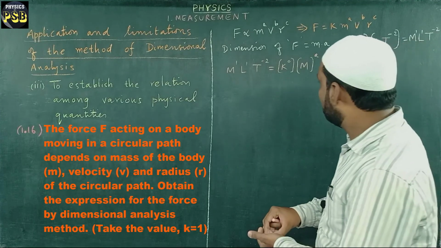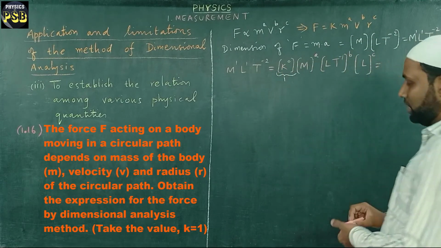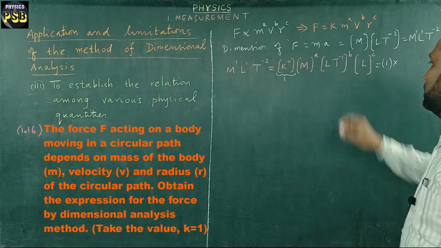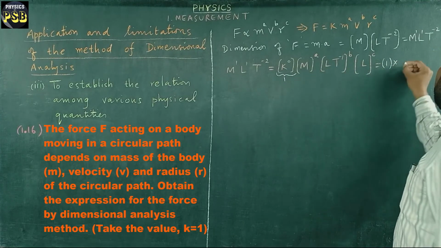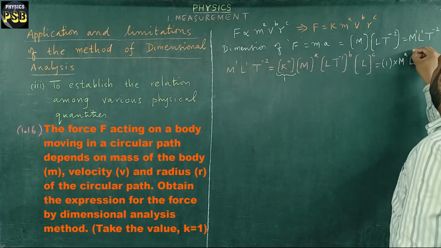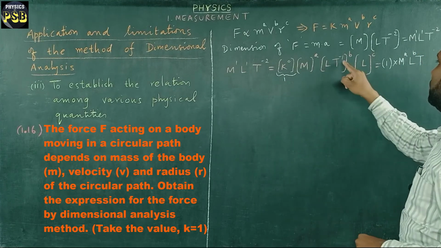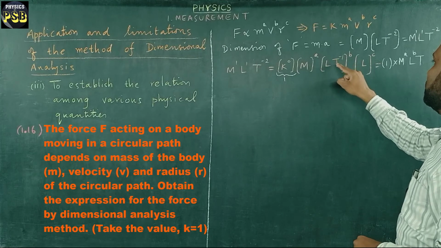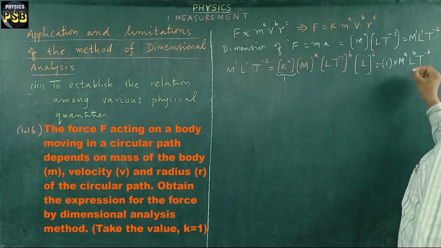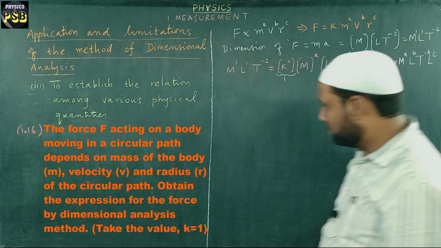Then K power 0 is nothing but 1, multiplied with remaining M power a, and here we have L power b. Well, actually I am expanding this. Now the T power minus 1 is multiplied with its power. So we get T power minus b. Then here L power c. So the next step, what I get?